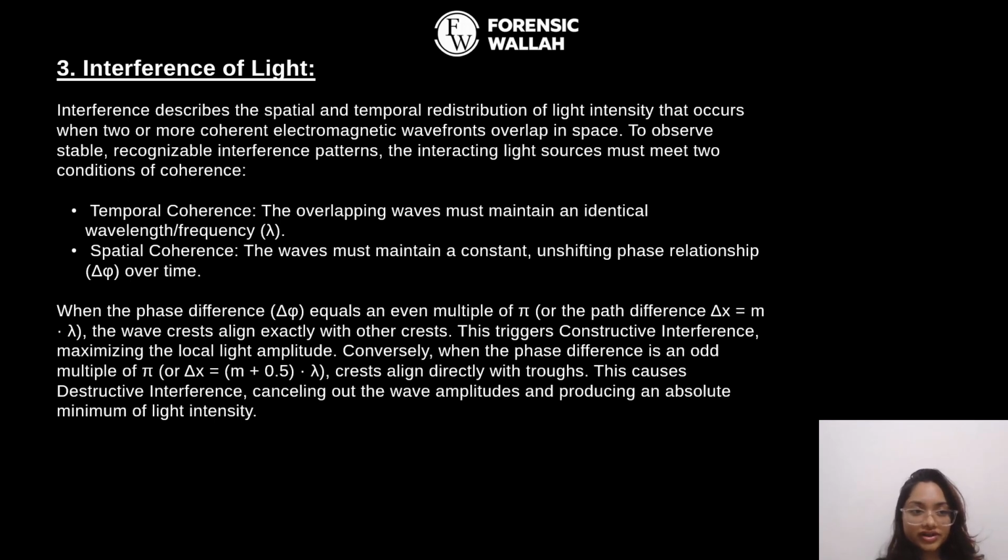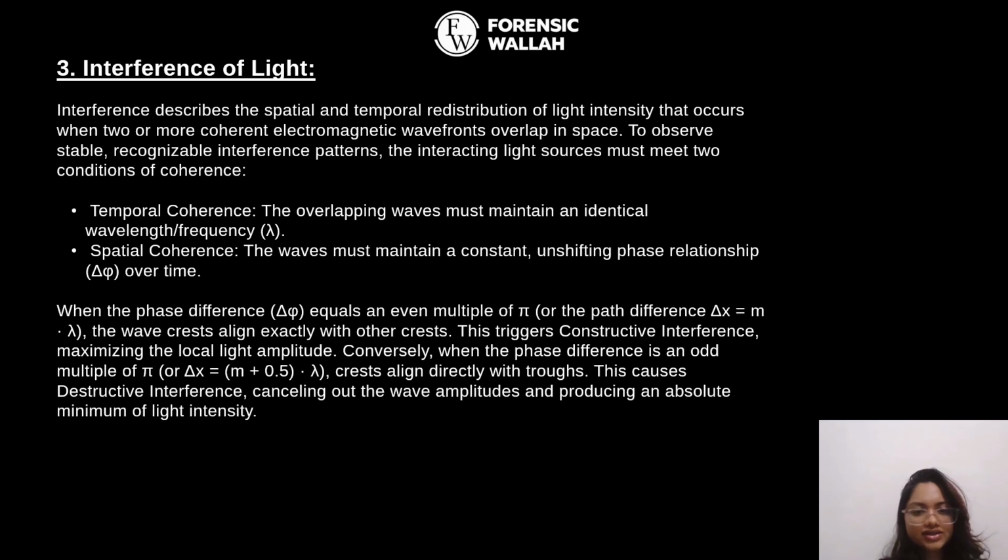First, when the phase difference delta phi equals an even multiple of pi, or when the physical path difference, that is delta x, is an integer multiple of the wavelength, that is delta x equals m times lambda, the wave crests align exactly with other crests. This triggers constructive interference, maximizing the local light amplitude and creating a bright zone.